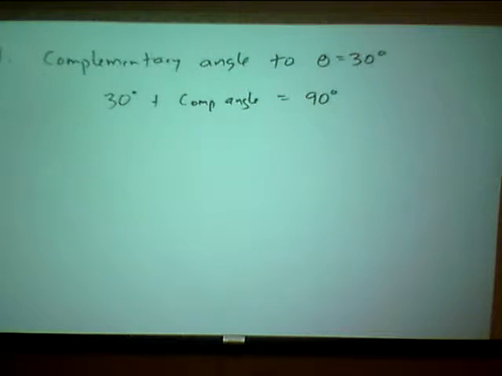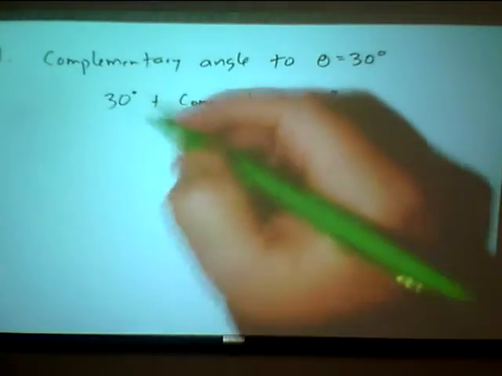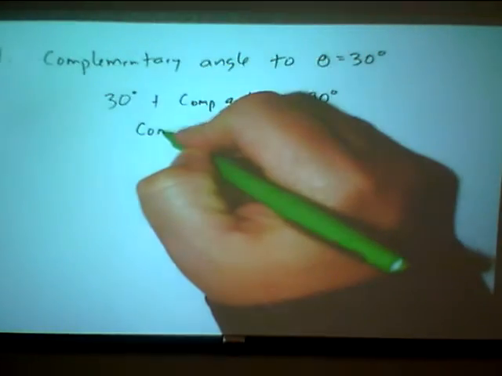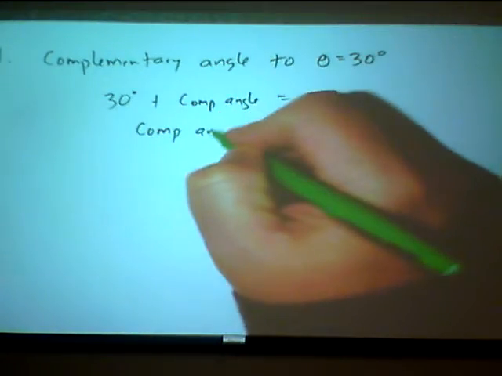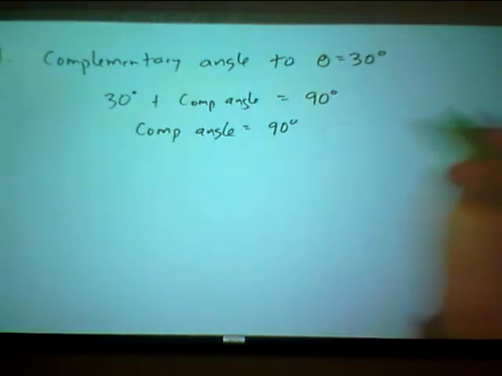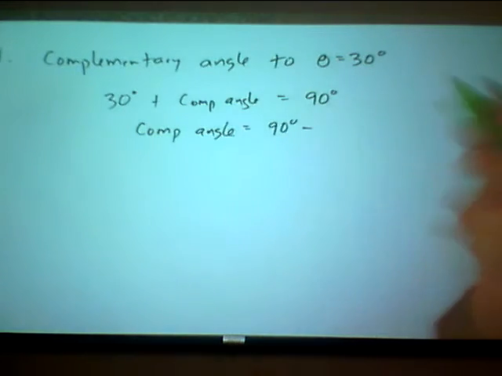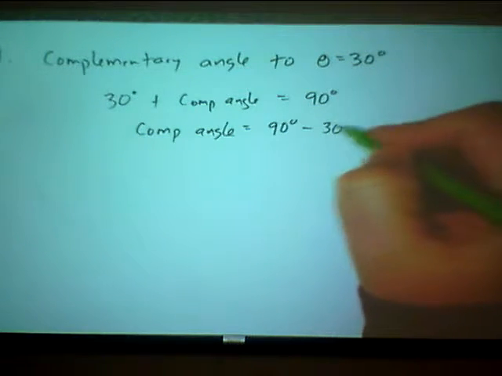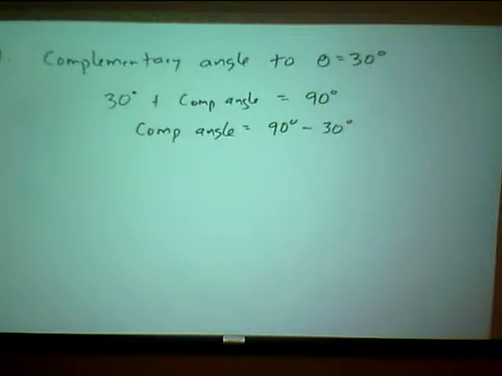So obviously, calculating the complementary angle is just going to be 90 degrees minus, in this case, my angle is 30 degrees.